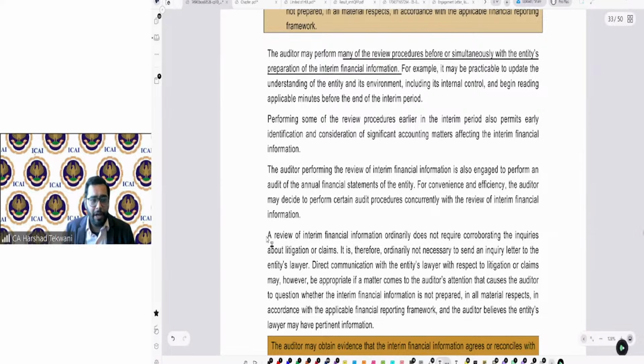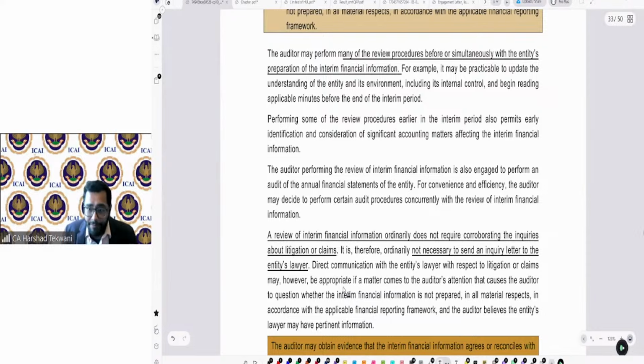Usually, a review of interim financial information does not require corroborating inquiries about litigation or claims. We are not required to corroborate inquiries about litigation and claims. Therefore it is not necessary to send an inquiry letter to the entity's lawyer with respect to litigation and claims.